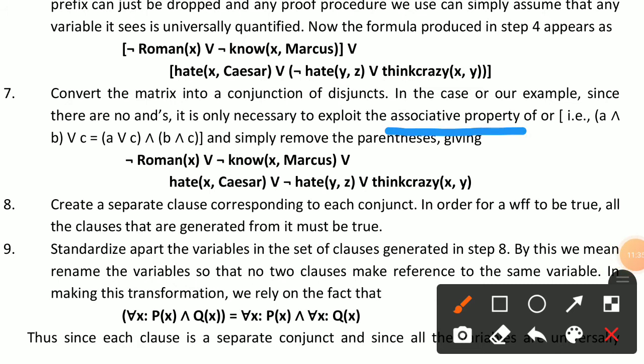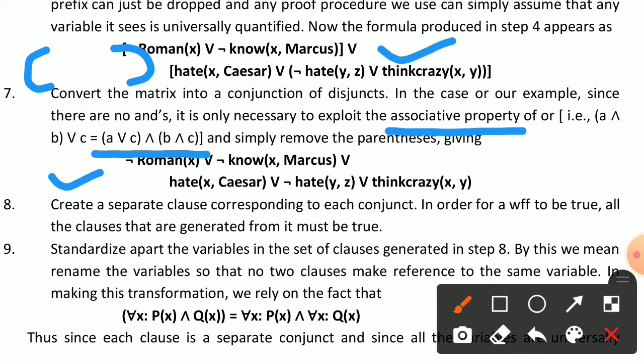For the equation, A and B or C is equal to A or C and B or C. Okay, so we can simply remove the parentheses. This square parenthesis is removed.